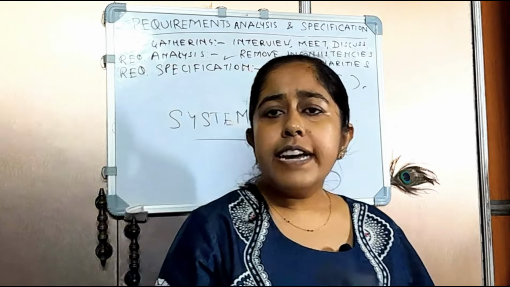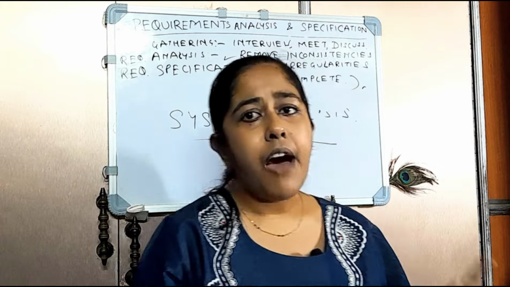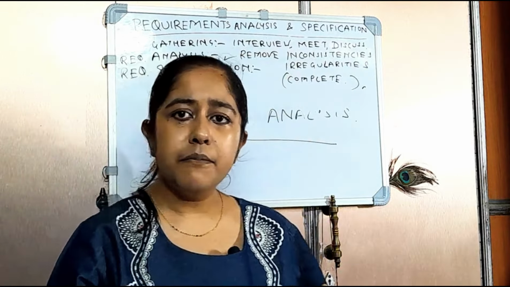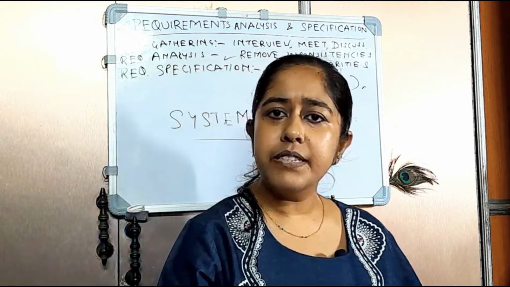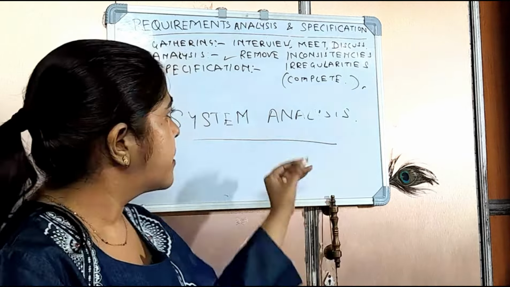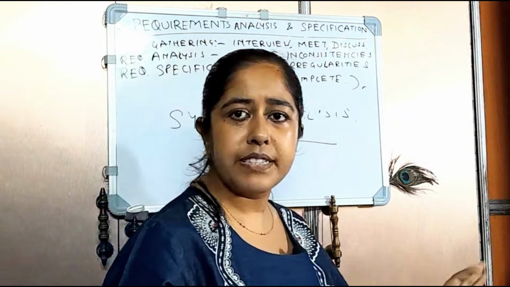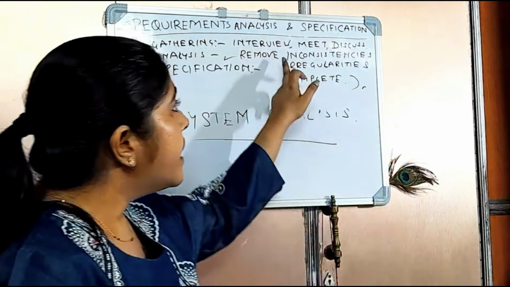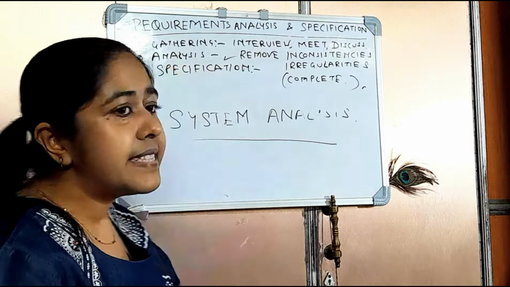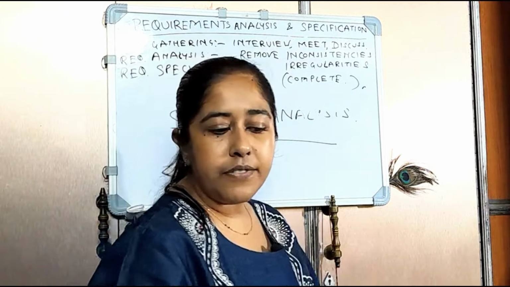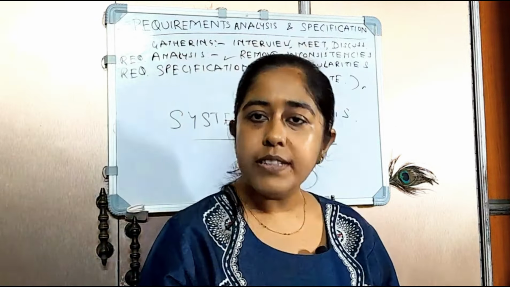What kind of resources are needed, our budget, everything is specified. After removing these things, they get the fresh requirement. So these kinds of things are removed in this analysis phase.